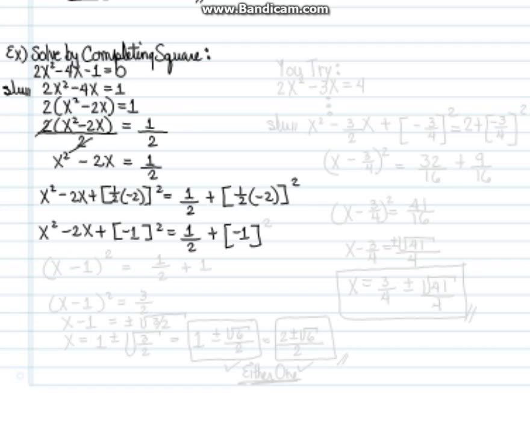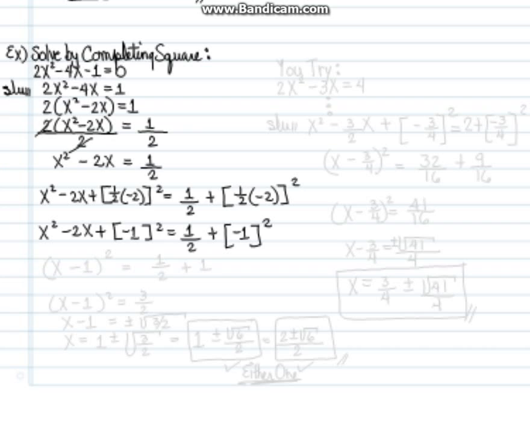Okay, we're ready now to factor the left-hand side using the formula that you're all aware of. It is a squared minus 2ab plus b squared is equal to a minus b parentheses squared.